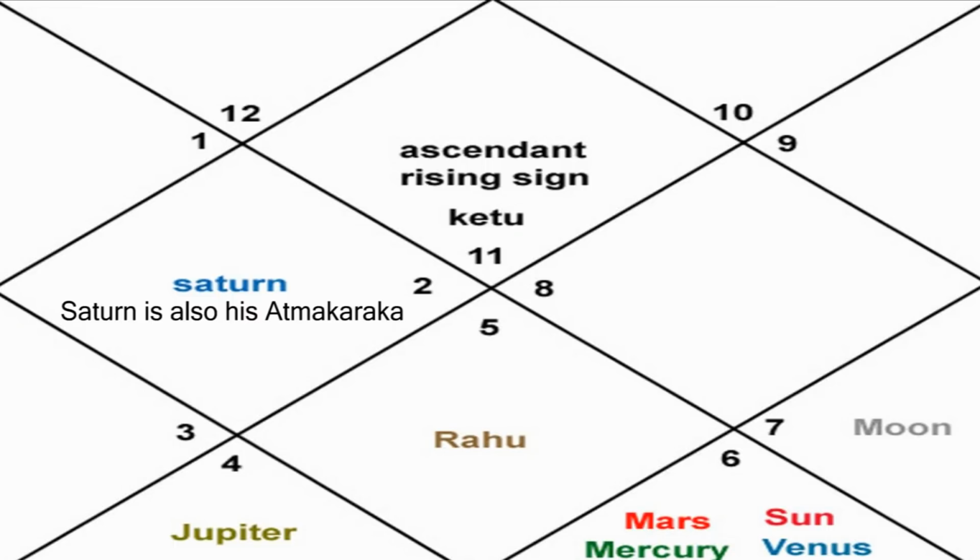Okay. And on top of that, if you look at all the mini dashas, the majority of the antardashas helped him stay on top. Look at all the planets from the Saturn position. Look at Sun, Mercury, Venus, and Mars. They are 5th from Saturn.